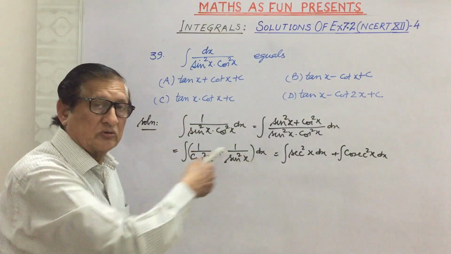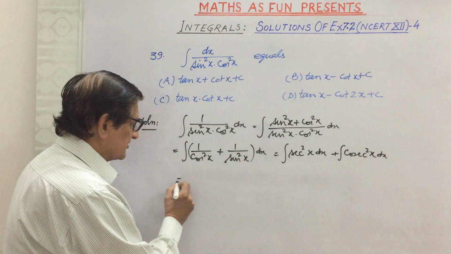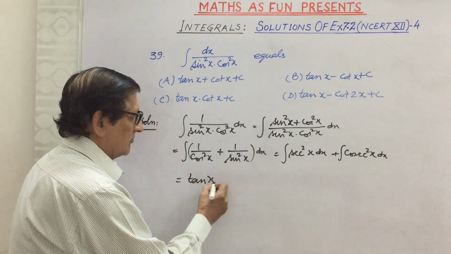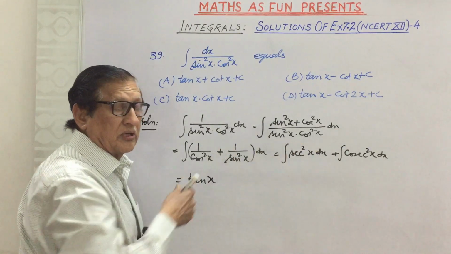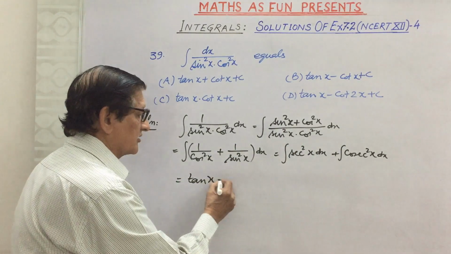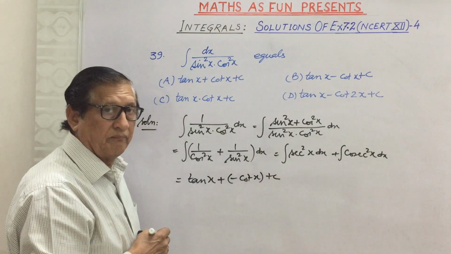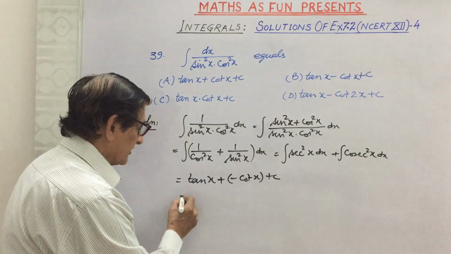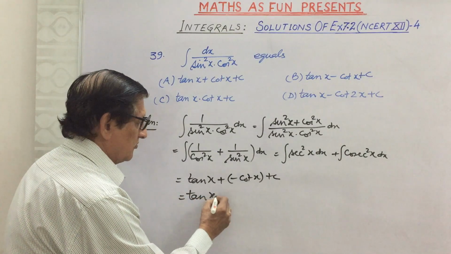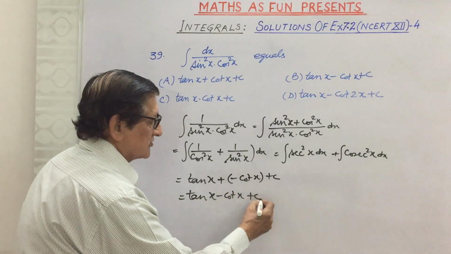We have separated both. The integral of sec^2 x is tan x, and the integral of cosec^2 x is minus cot x. So we can write this as tan x minus cot x plus c.